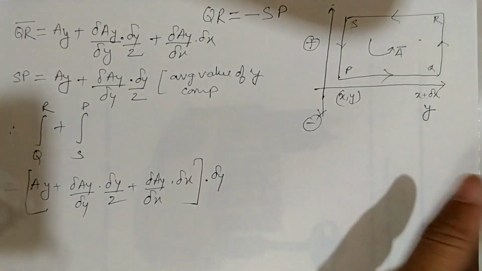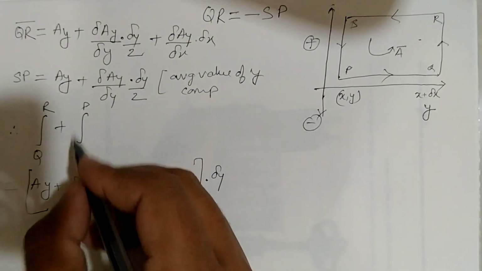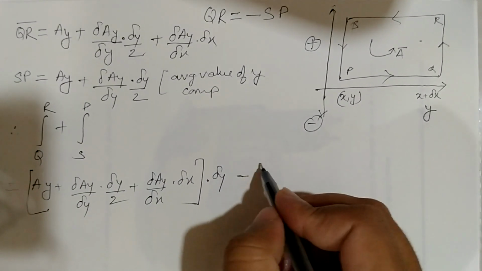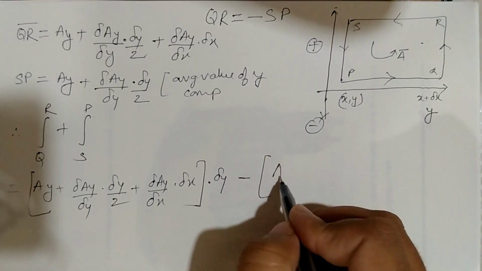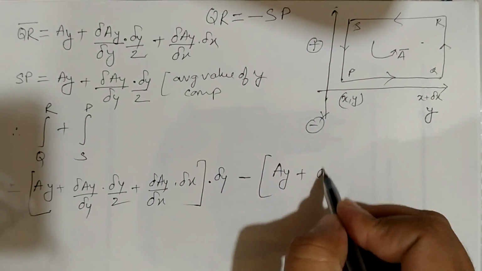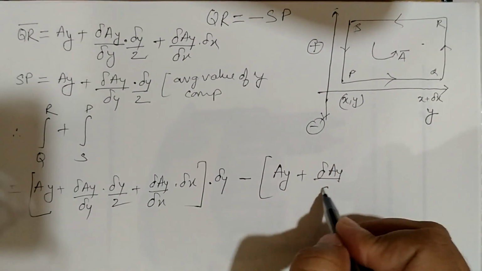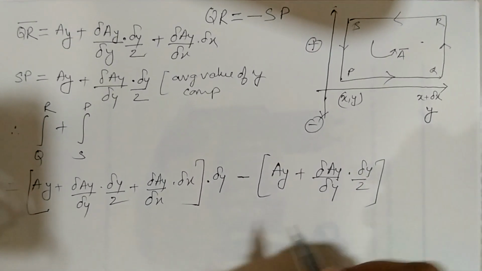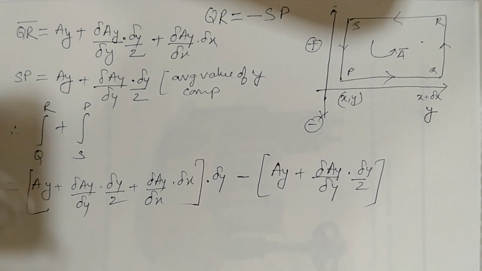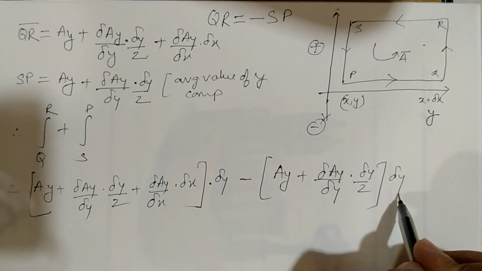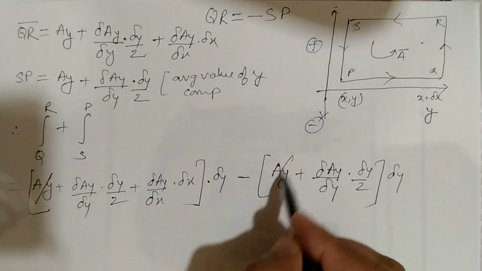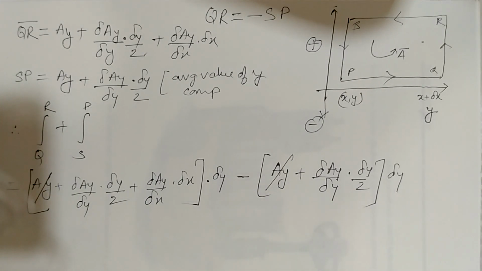Similarly, for S to P the direction will be opposite, so minus Ay plus delta Ay by delta y by 2, into delta y. Now if we solve this, this Ay will cancel each other.